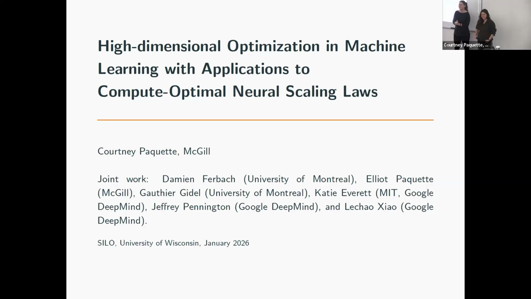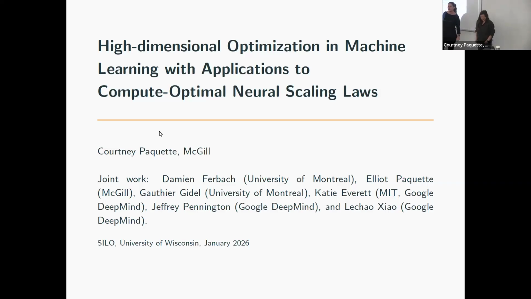McGill visit us this week and tell us about compute optimal neural scaling laws and how that connects to optimization. Courtney is both a professor at McGill and she has a partial appointment with Google and often collaborates with folks there.